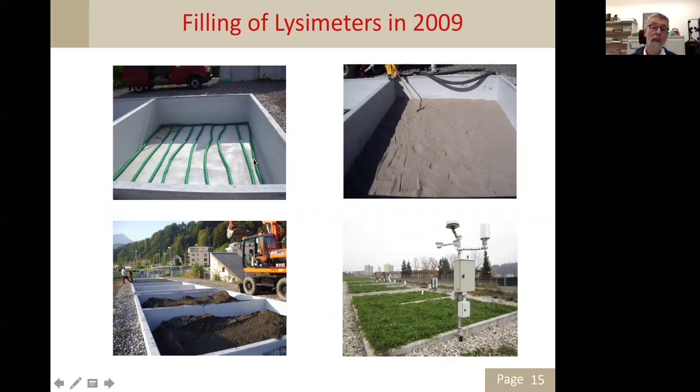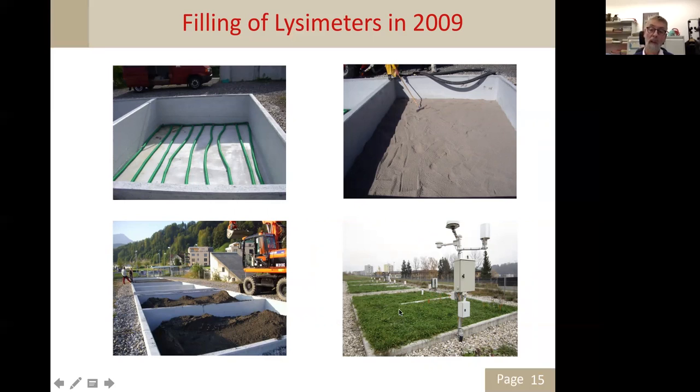Here you see some pictures of how these lysimeters were constructed. Here you see one of the basins. Here you see the slitted plastic tubings through which the water can be collected and is drained to that room. On top of it, we have the gravel and coarse sand layer that drains the soil. On top of this 20 to 30 centimeter drainage layer, we have then 70 centimeters of soil.